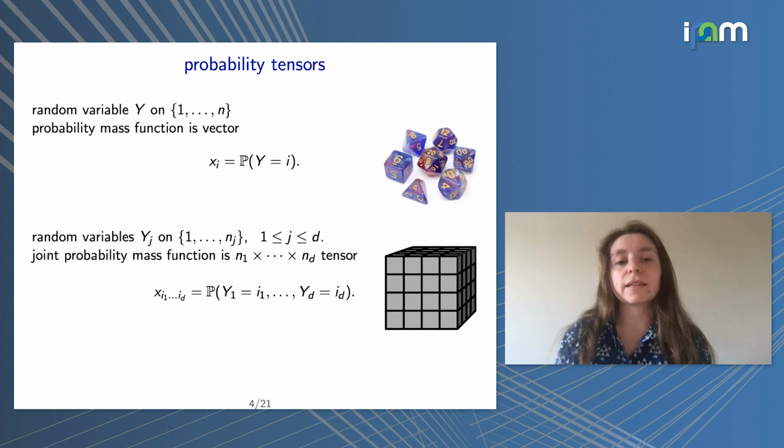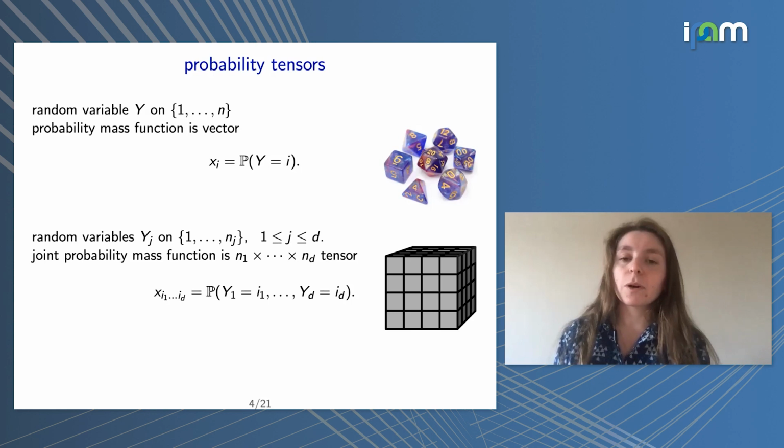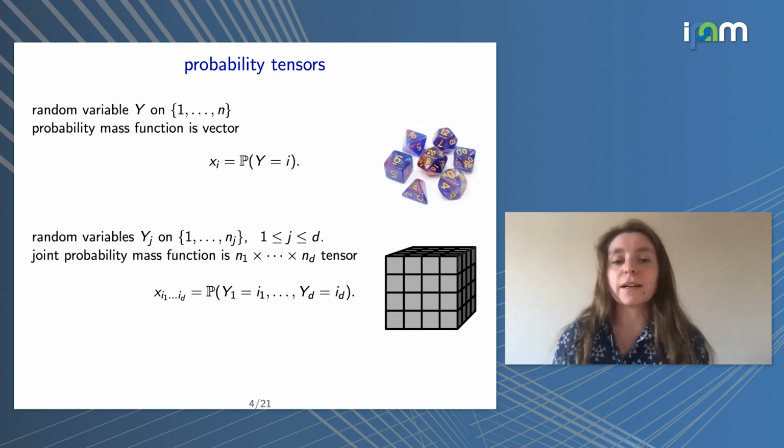So if I take now random variables Yj, which each take values on some finite set, 1 up to nj, let's say, where j goes from 1 to d, then their joint probability mass function we can encode as a tensor of size n1 by ... by nd, where the entry of the tensor at the index i1 up to id is the joint probability that Y1 is in state i1 and Yd is in state id.